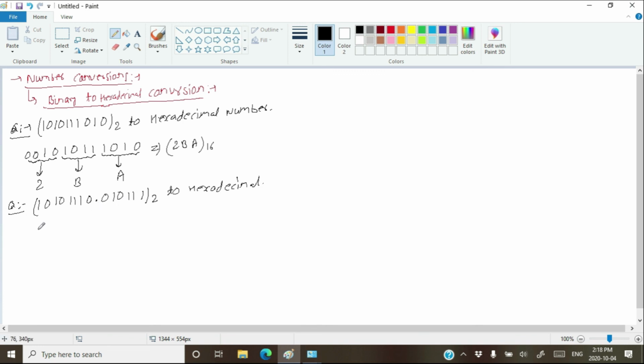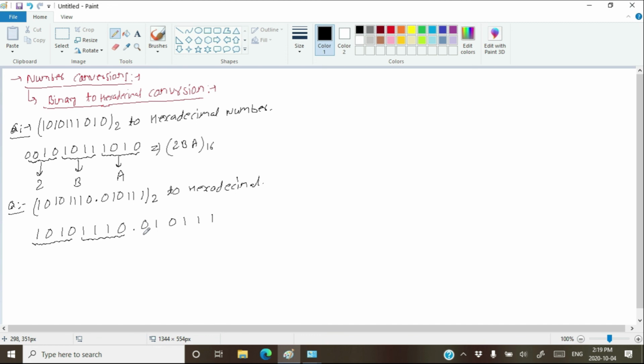So what you do here is just write the numbers 10101110. From right to left in the non-fractional part, again take the group of 4 bits. So first take the rightmost 4 bits, then take the next 4 bits in the non-fractional part of the number.